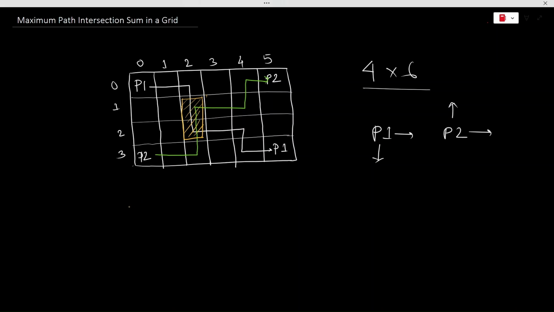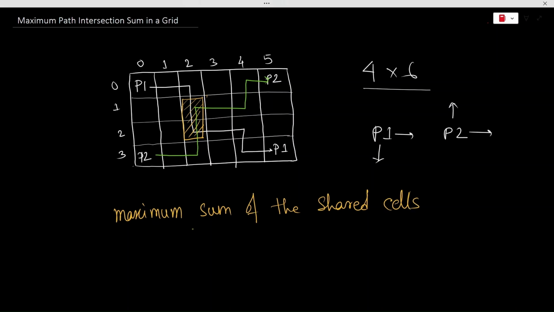And the question asks that we need to return the maximum sum of the shared cells. So we need to draw the two paths in such a way that the sum of the shared cell values is maximized.